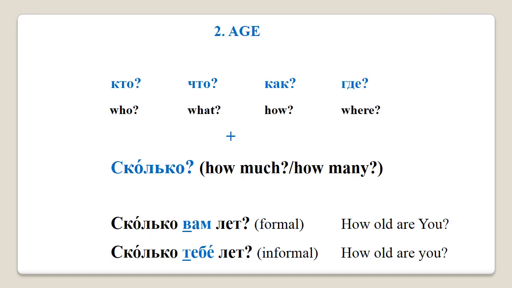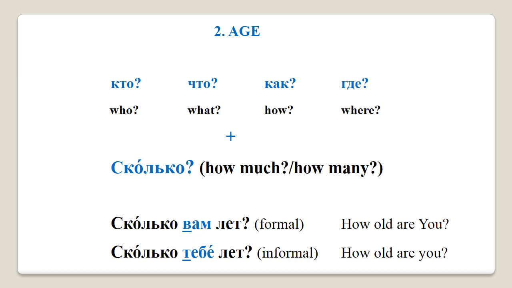Now let's see how we can use these new numbers to talk about age. So far, we have come across 4 question tags. Кто, who, что, what, как, how, and где, where. Here, we have a new question tag, which stands for how much or how many. Сколько.